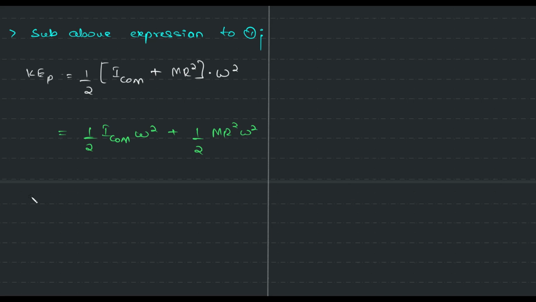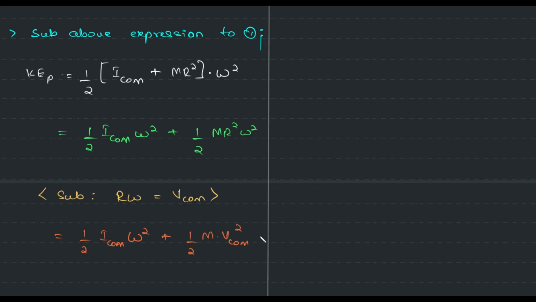So if I substitute r omega as the velocity of the center of mass, and this expression for pure rotation which I hope you remember, I'll end up with half this expression plus half mass times velocity square.